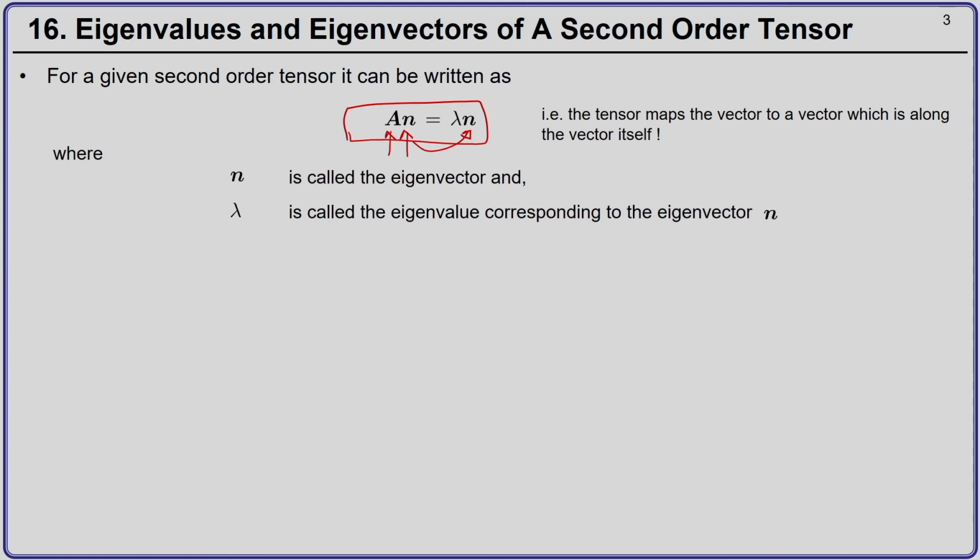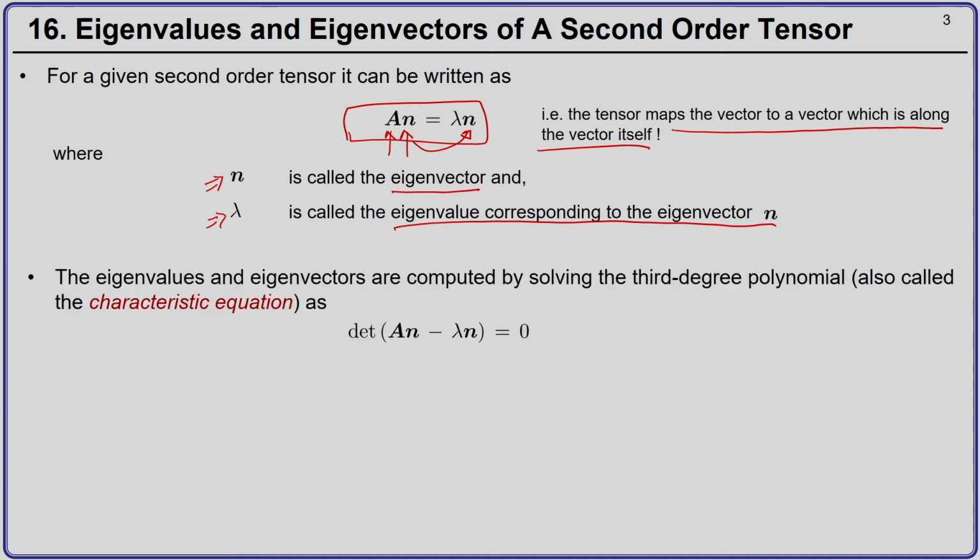So, this tensor A maps the vector to a vector which is along the direction of the vector itself. In this case n is called the eigenvector of A, and lambda is called the eigenvalue corresponding to the eigenvector n.